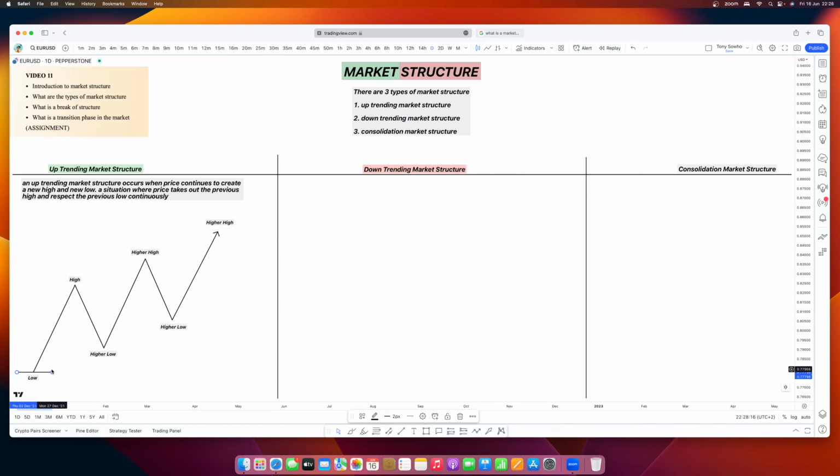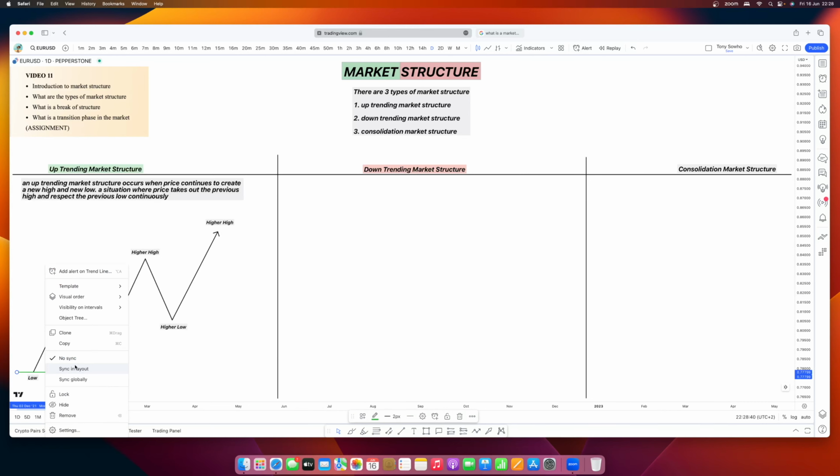So let's use support as green, and then we can use resistance as red. So this is the support and resistance level.